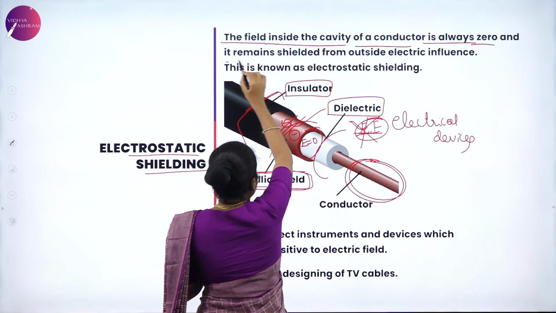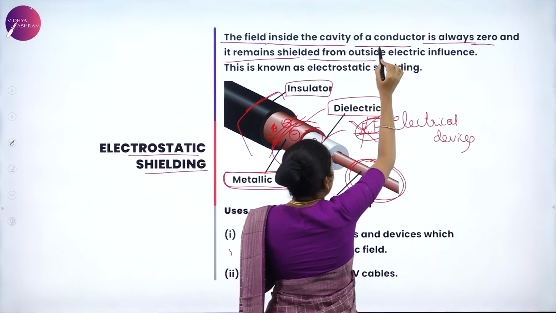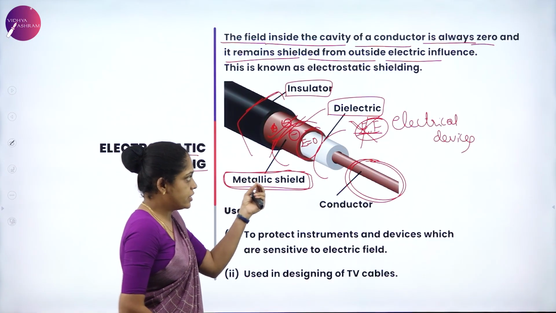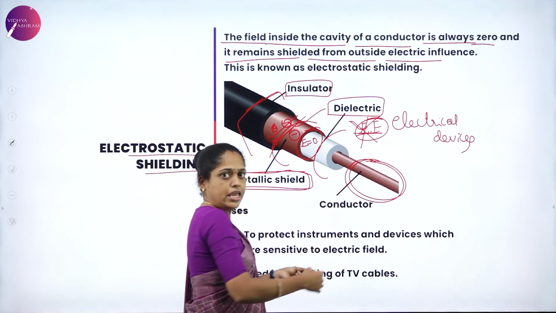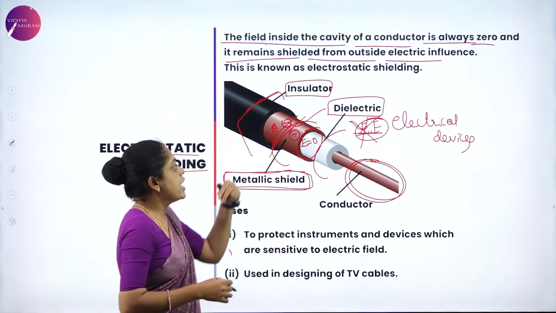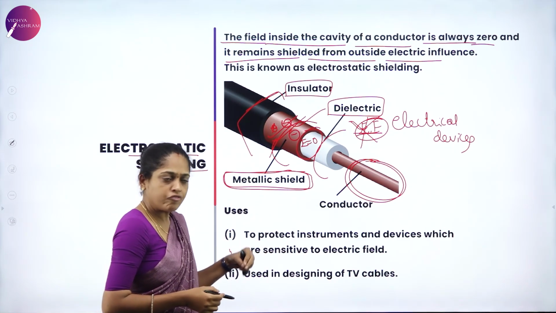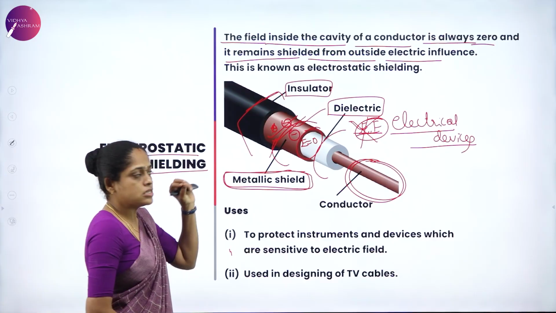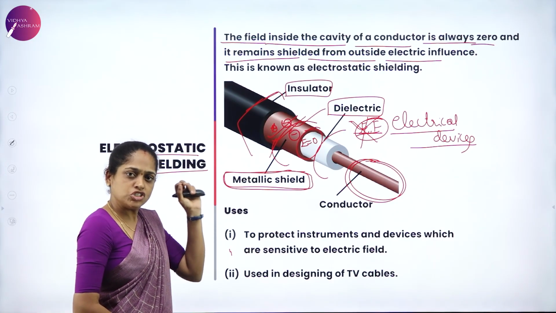And it remains shielded from outside electrical influence. By this the conductor is not disturbed by any other electric field due to electrical devices. This is known as electrostatic shielding.